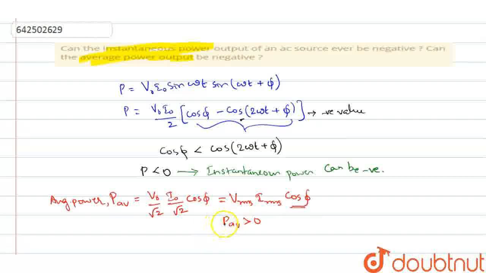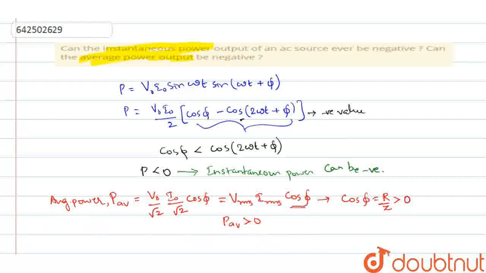Why is P average not negative? I hope you understood it. Because cos phi is the power factor and cos phi is equal to R by Z, and this will always be greater than 0 itself.